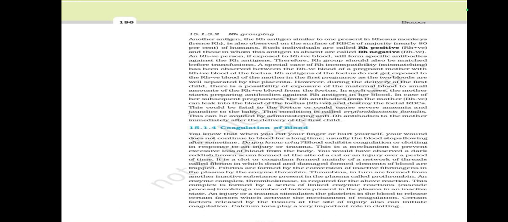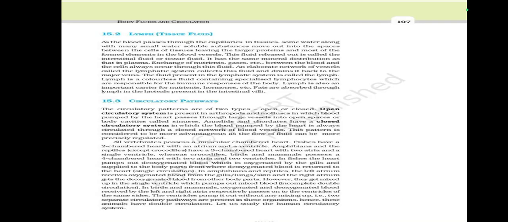Calcium ions play a very important role in clotting. Lymph, tissue fluid: as the blood passes through the capillaries in tissues, some water along with many small water soluble substances moves out into the spaces between the cells of tissues, leaving the larger proteins and most of the formed elements in the blood vessels.